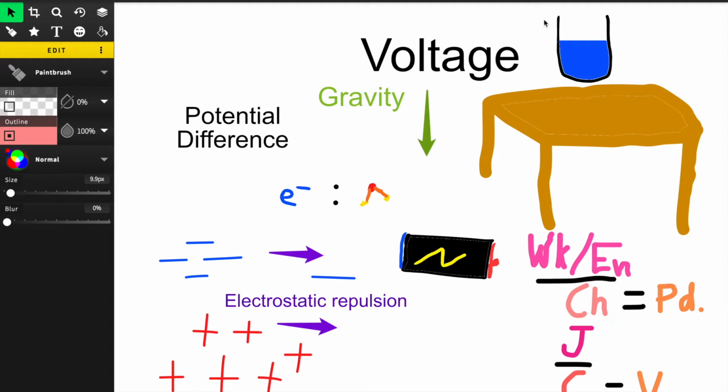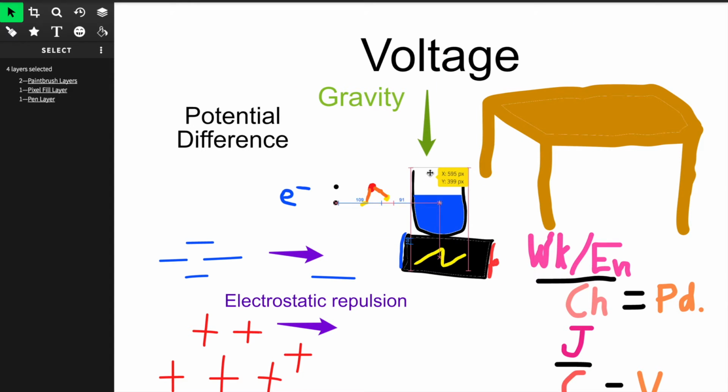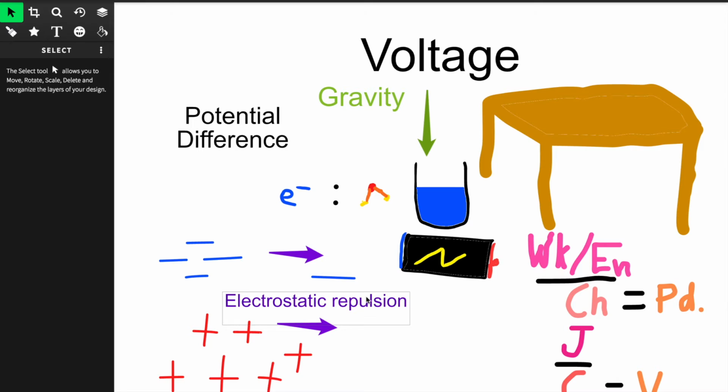In the same way, if we consider the electrons instead of water molecules, then the potential difference, the amount of energy that we transfer to each and every single charge, is equivalent to the total amount of energy used in moving all the charges. So let's say we move 3 or 4 charges. The total amount of energy we took to move all of those charges divided by the total amount of charges we moved is the potential difference.